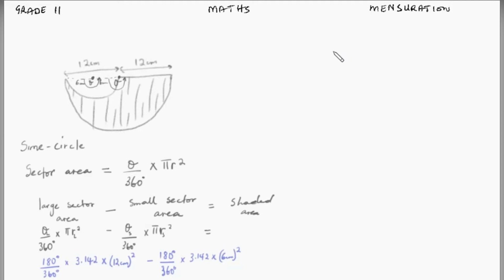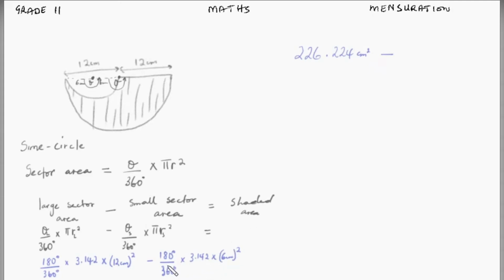Then times 3.142 times 0.5, right? We get 226.224 centimeters squared.